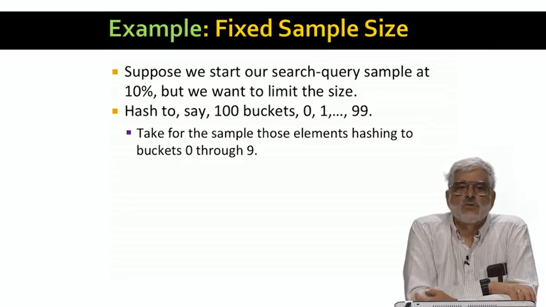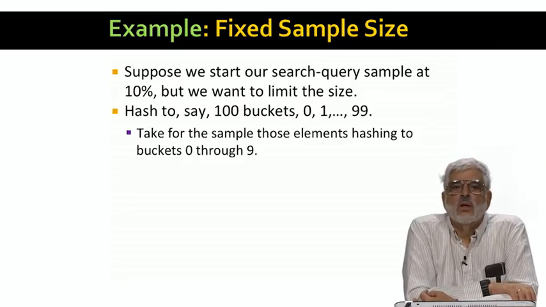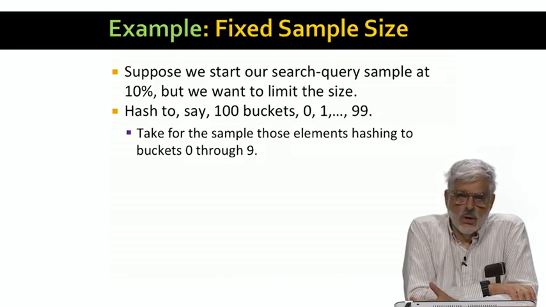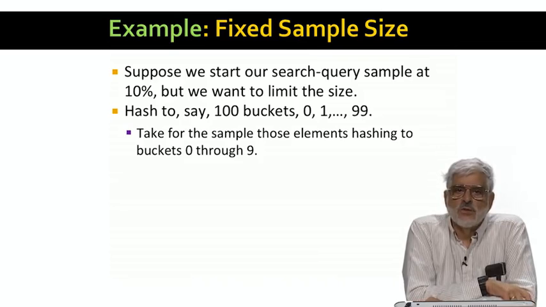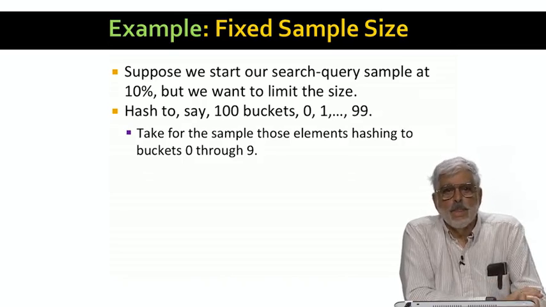Hashing to 10 buckets is fine to get a 10% sample, but we need to be prepared to deal with smaller fractions, so we need to hash to many more buckets. We'll pick 100 buckets for our example, but it could be 1,000,000 buckets or even more. As long as we're happy with a 10% sample, then we'll accept for the sample those elements that hash to 10% of the buckets. We could choose any 10, but let's choose 0 through 9 to be specific.